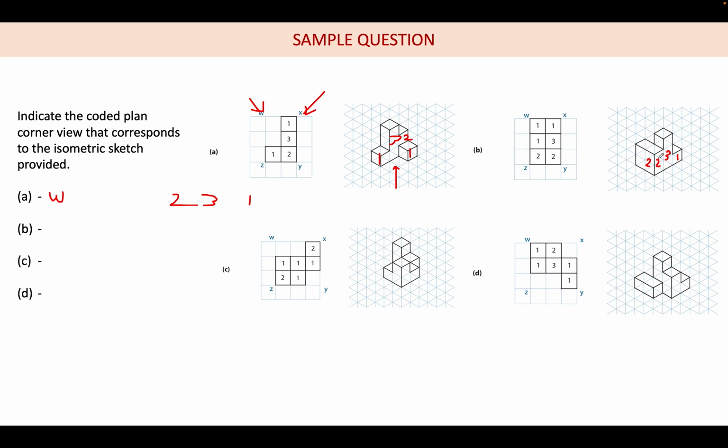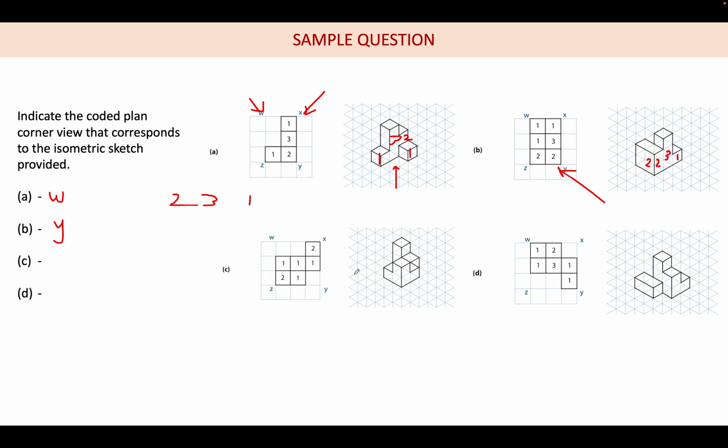Sorry, this 2, then 3, 1. Okay. Correct. So 1, 2 on the left, 1, 2 on the right, and 3 also on the right side, 1 is there. So these 2 will not be visible, on the back side. So Y is the answer.